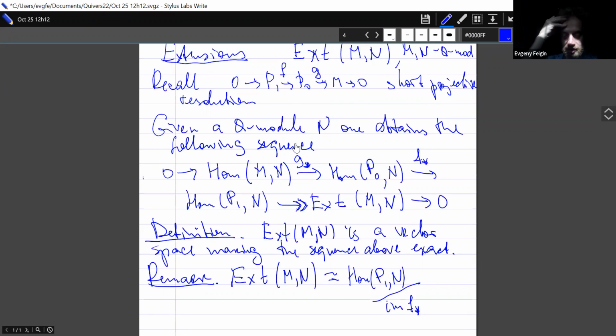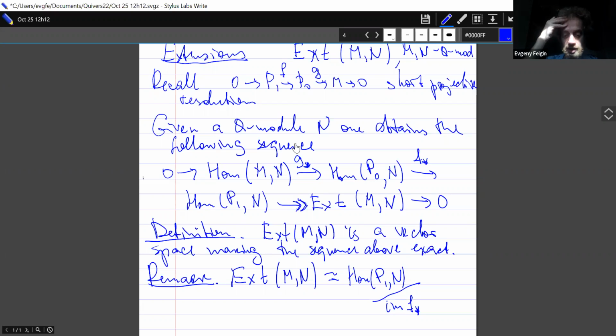Then we also need to check the exactness at the term Hom(P0, N), and this comes from the exactness of the short projective resolution.